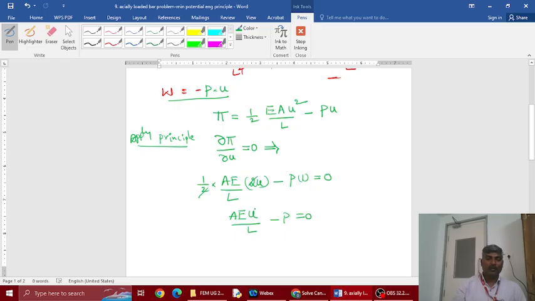Now we want the U value, so rearrange this equation. E A U by L is equal to P. Take E A to the other side, so U will be equal to P L divided by E A. This is how you derive the same equation for the deformation of the axially loaded bar, PL by AE, from the minimum potential energy principle also.